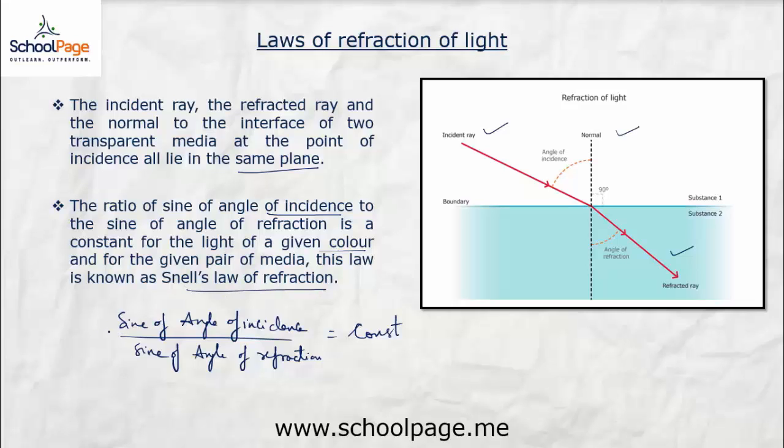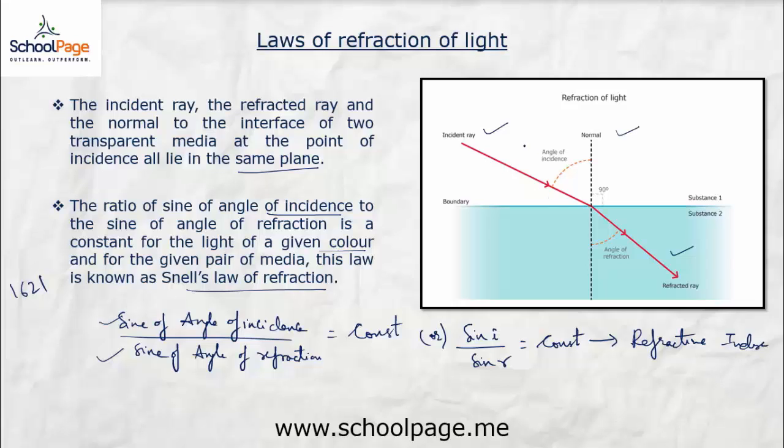So the relationship between the angle of incidence and the angle of refraction was experimentally discovered by Snell in the year 1621. Hence this is called as Snell's law. It can also be written as sin I divided by sin R is equal to a constant. This constant is called as refractive index.